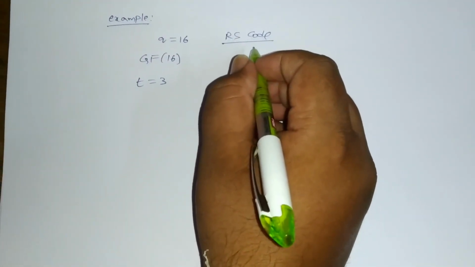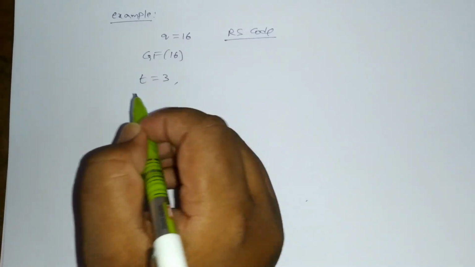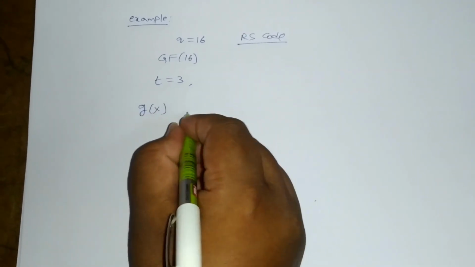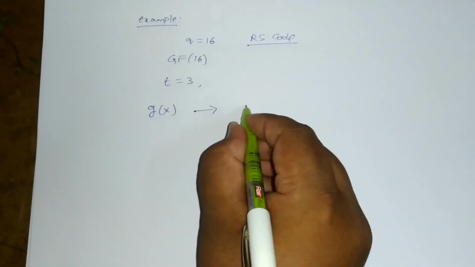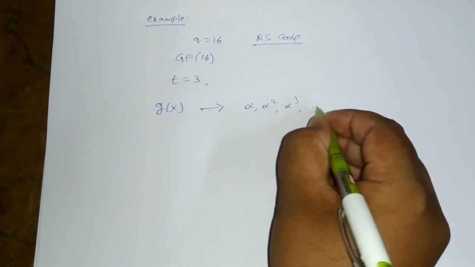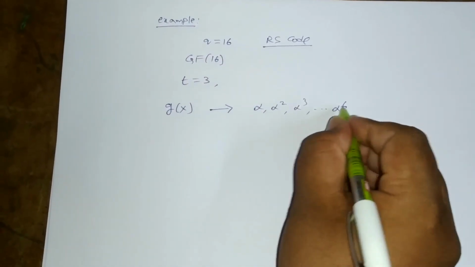Now to find this representation, we need the generator polynomial G of x. The generator polynomial G of x is calculated from the primitive elements alpha, alpha square, alpha cube up to alpha power 6, because according to our representation it is up to alpha power 2t.